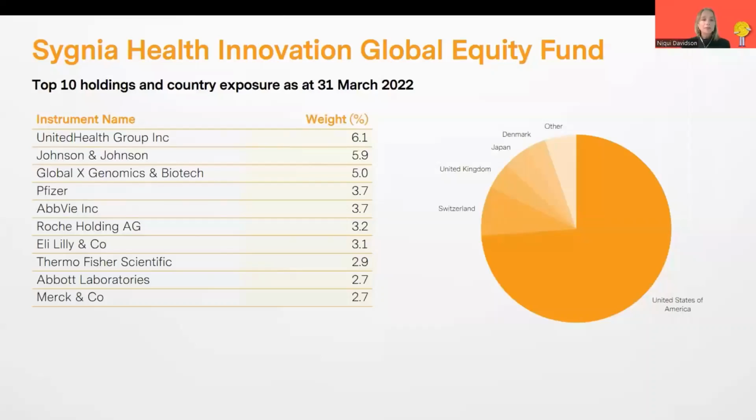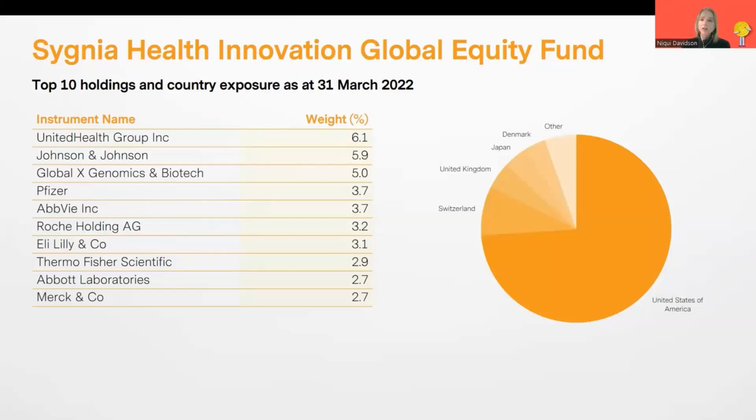If we look at the top 10 holdings of the fund, you'll see many of the large and well-known healthcare companies there, such as the likes of the United Health Group, Johnson & Johnson, Pfizer, and many others. You'll also note within the top 10 holdings, we have an investment into the Global X Genomics and Biotech ETF. This gives us exposure to the genomics sub-theme within the healthcare sector, which we are quite excited about at the moment.